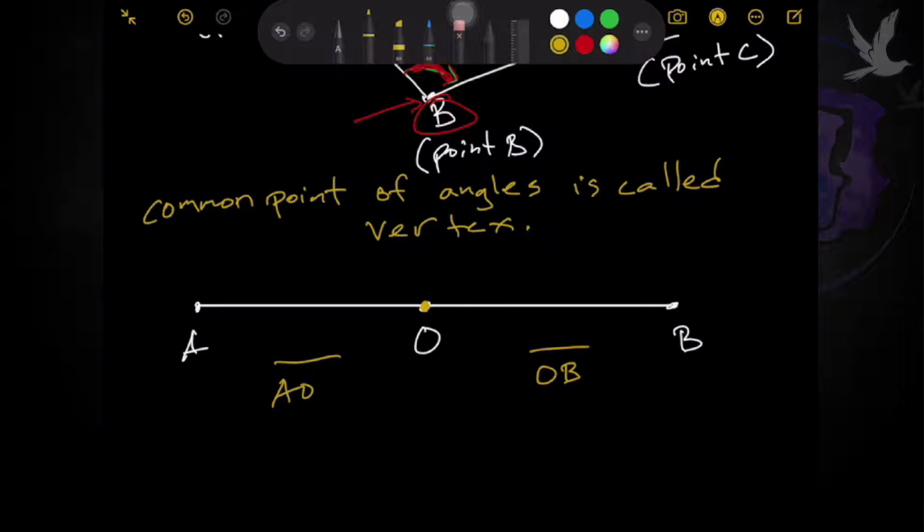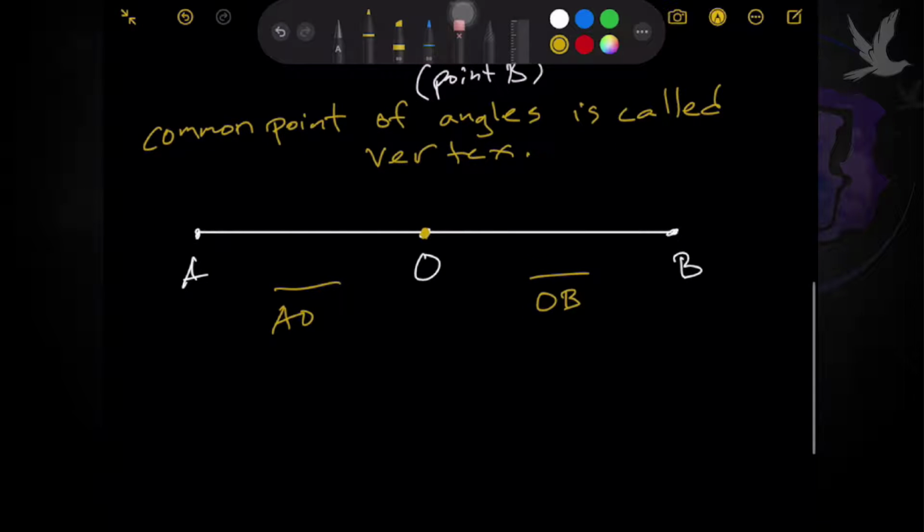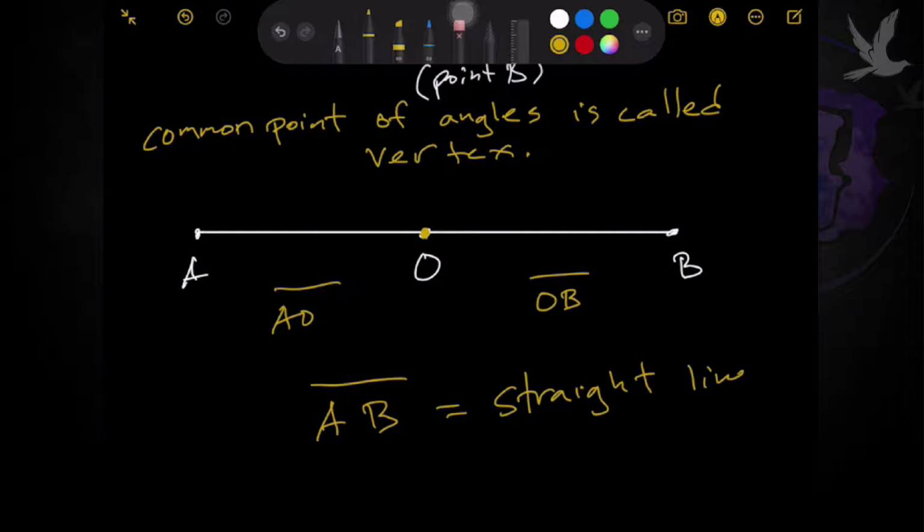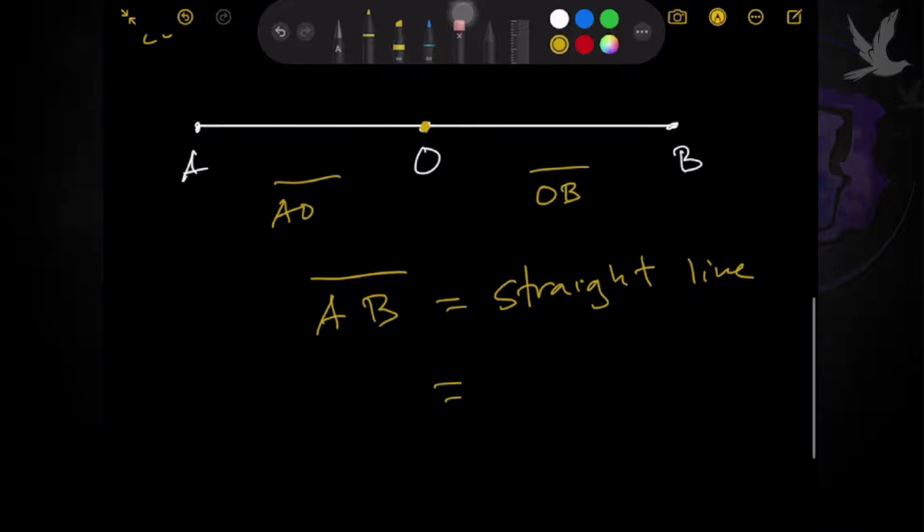Okay, that's the vertex. And if you consider line AB, obviously it's a straight line. And all straight lines are equivalent to 180 degrees in terms of measurement.